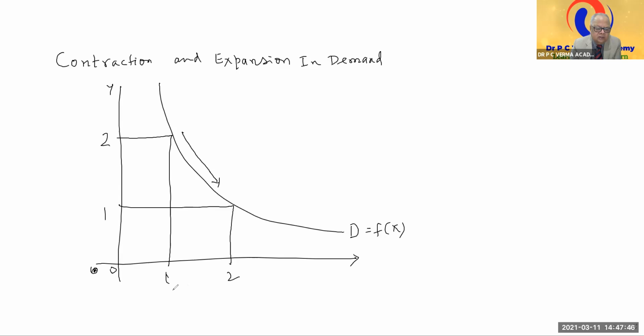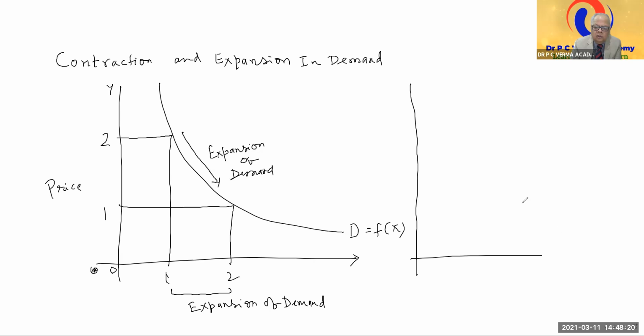This is called expansion. Expansion of demand. We will call it expansion of demand. Demand for X.